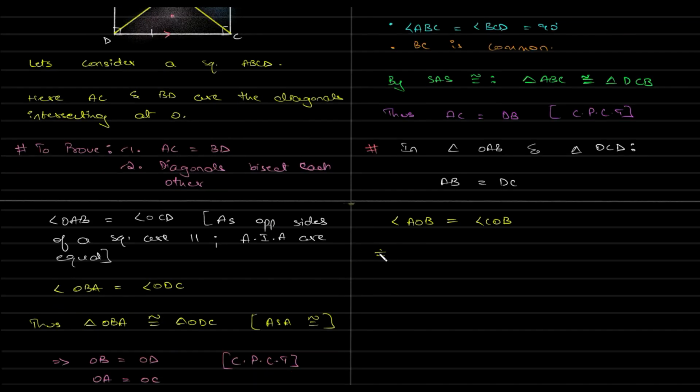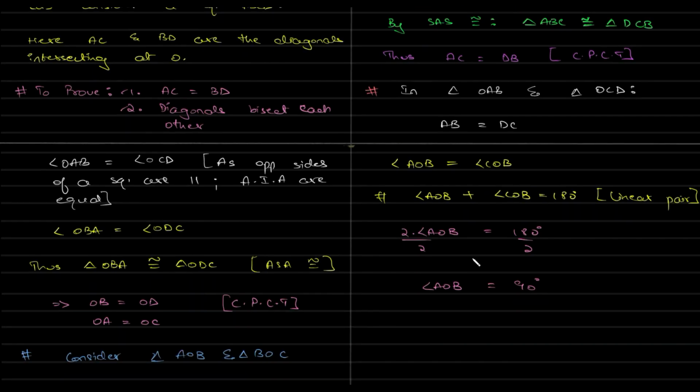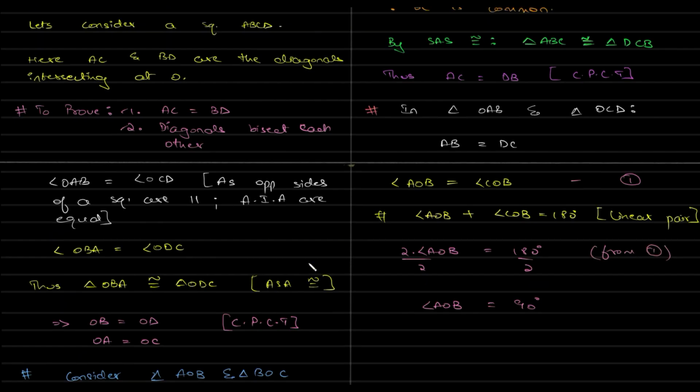How? Quite simple. Angle AOB plus COB is equal to 180 degrees. So they are a linear pair. So 2 times angle AOB is equal to 180 degrees, divided by 2 on both sides. Angle AOB will be equal to 90 degrees. Is it not? So this is from equation 1. And this is our answer.